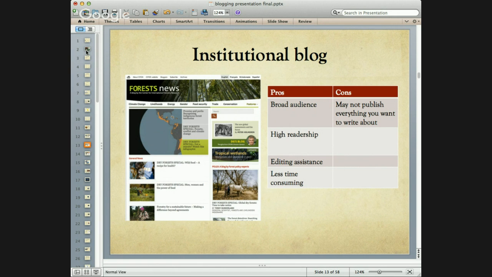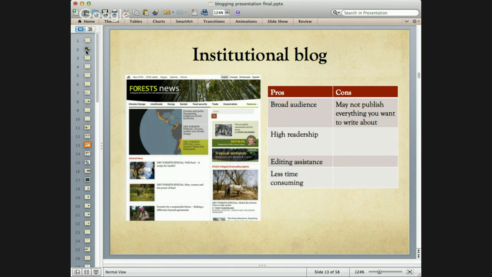You would normally receive editing assistance from communication staff within the institute, which can be really valuable in providing some fact checking potentially, or just someone to have another look at the story that you've written before it goes online. It can also be less time consuming. You're one of 200 researchers at an institute. You won't be expected to blog every day or every week. You could write a blog every now and then and use that to build your profile.